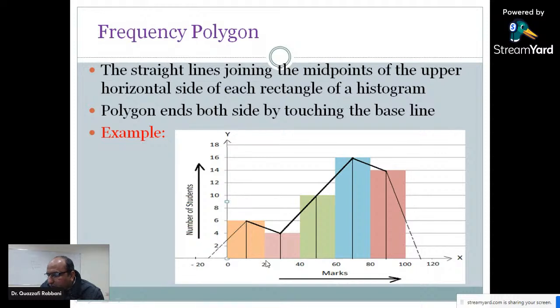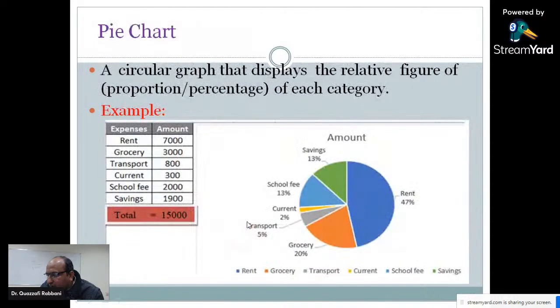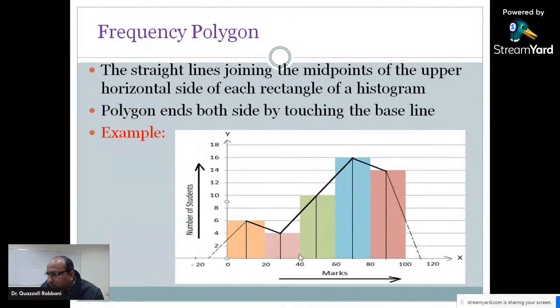So first, see here on x-axis, first rectangle from 0 to 20, next is 20 to 40. So for 0 to 20, the middle point is 10, and this point. 20 to 40, middle point, this.